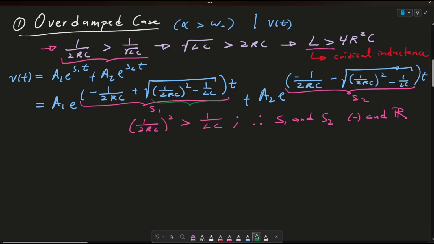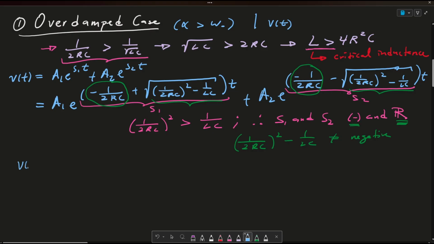Again, just to be explicit, underneath my square root is (1 over 2RC) squared minus 1 over LC. And since the first is bigger, this will never be a negative value. All right, so we're not going to get any square root of negative one, making it imaginary. So that proves that it's always going to be real. And this first term here, this alpha, makes it always a negative value. I hope this makes sense.